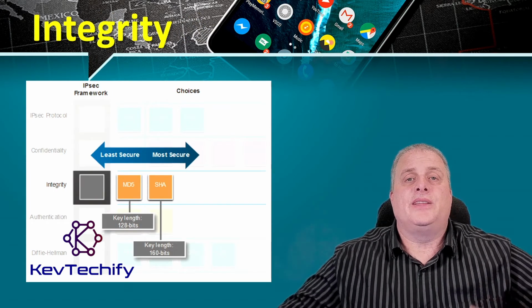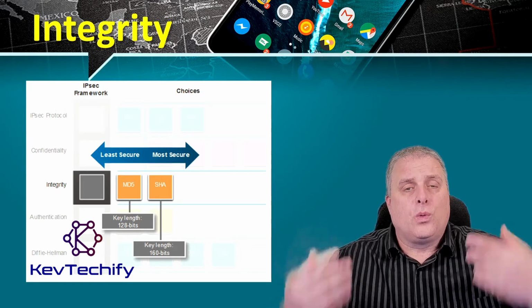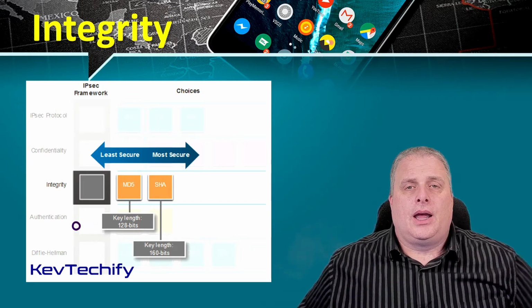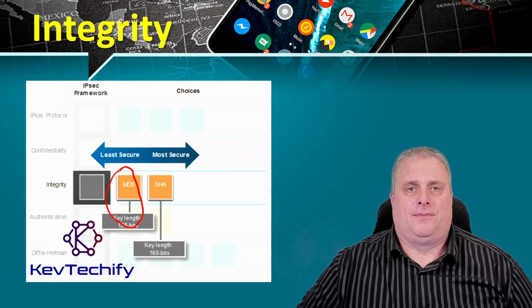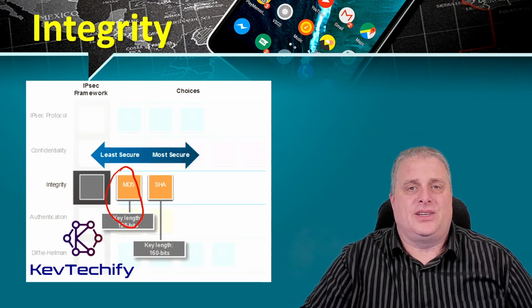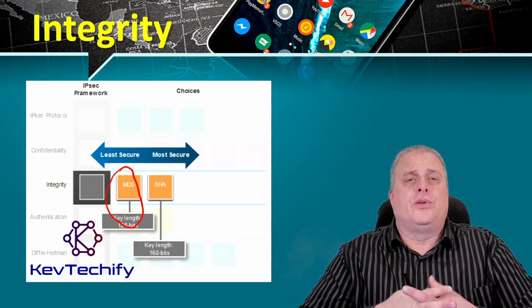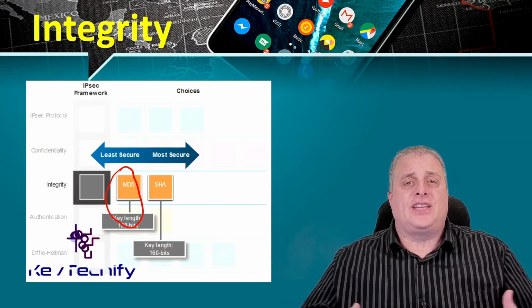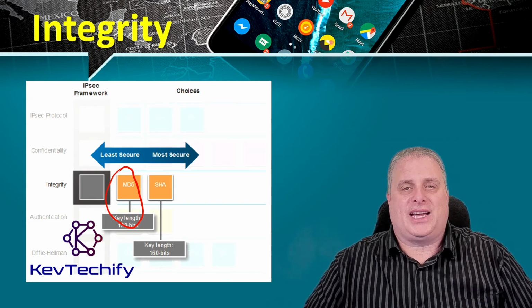Data integrity means that the data that is received is exactly the same as was sent. MD5 uses a 128-bit key. It's a shared key, and the variable length message and the 128-bit shared secret key are combined and run through the HMAC-MD5 hash algorithm, producing a 128-bit hash.